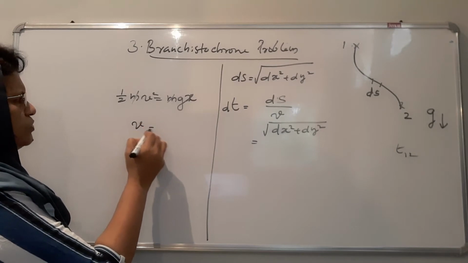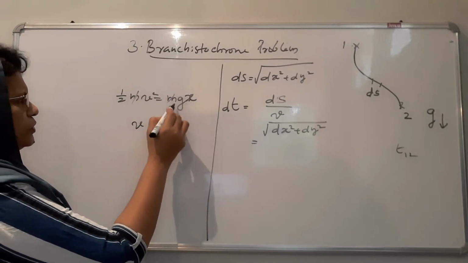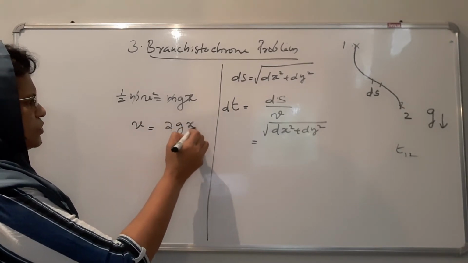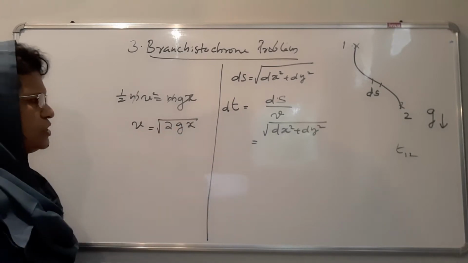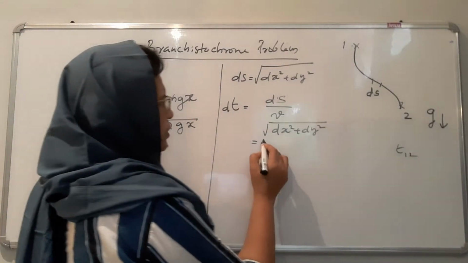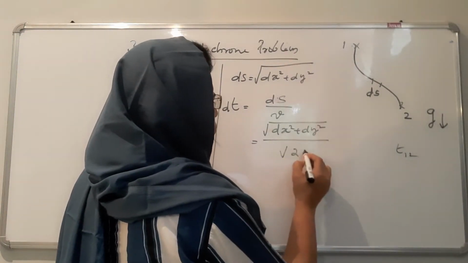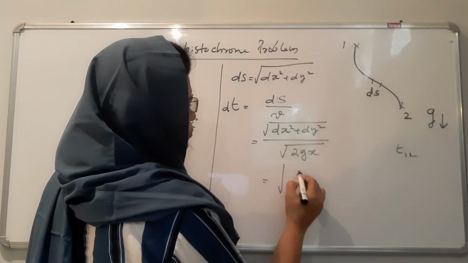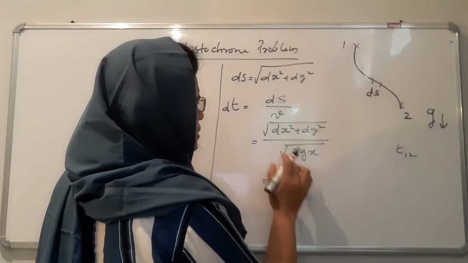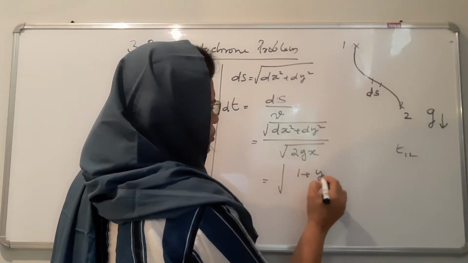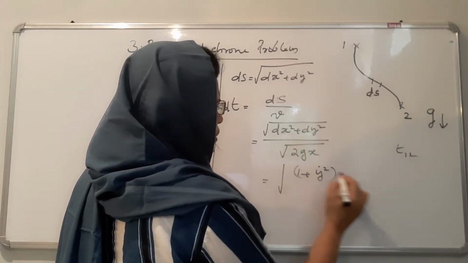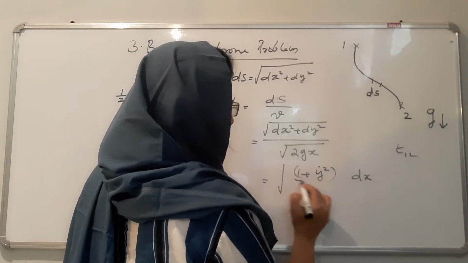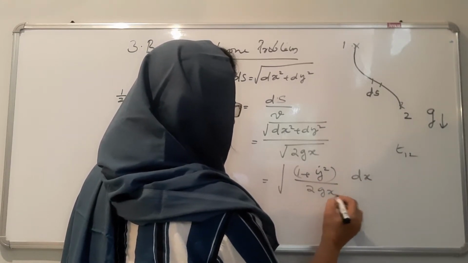v square is equal to 2gx, or v is equal to square root of 2gx. Therefore, we divide by square root of 2gx. This can be written as square root of 1 plus y dot square into dx divided by 2gx.